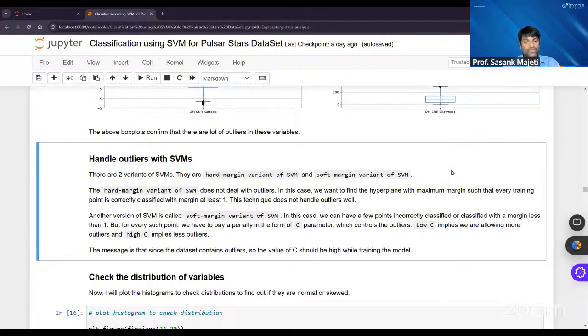Basically, hard margins do not deal with the outliers. Soft margins are used for dealing with outliers. So you can remember it like this: when you have outliers, to apply the SVM, you cannot use the hard margin. You have to use the soft margin approach.